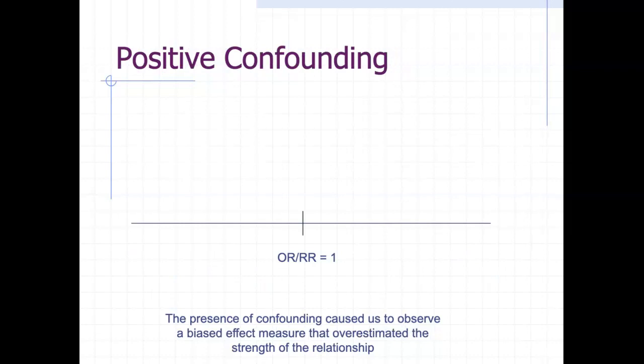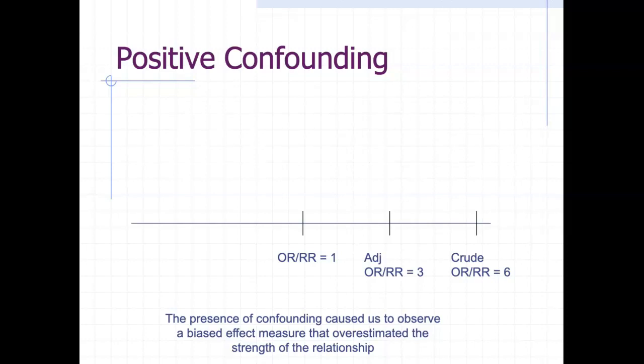Let's take a look at positive confounding. Positive confounding is essentially the complete opposite of negative confounding. Let's say, for example, we calculated a crude measure of 6. Let's say that crude measure is biased because we have confounding in our study. Then we look at our adjusted measure. This original crude measure looked like a really strong positive association, with a measure of 6.